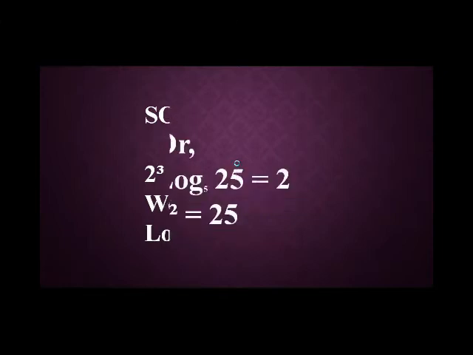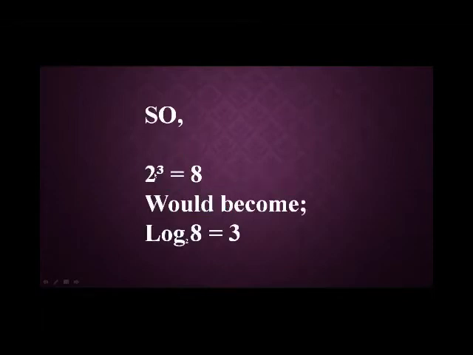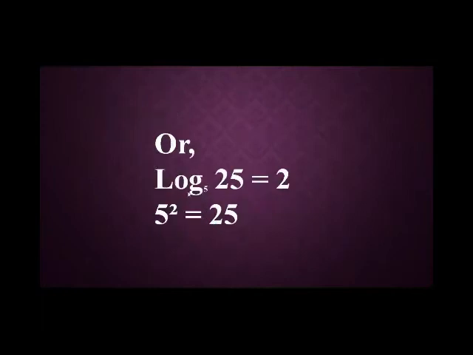Okay, now let's consider another example. Here we are converting log form into exponential form. In the previous slide, we converted exponential form into log form. This is exponential form, this is log form, and in this slide we are converting log form into exponential form.